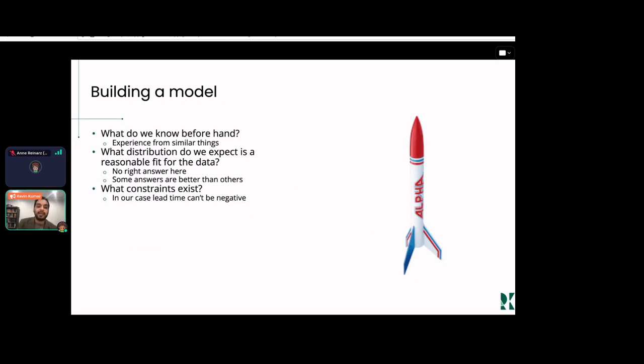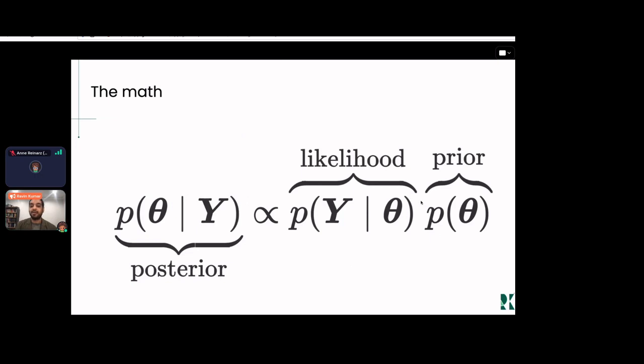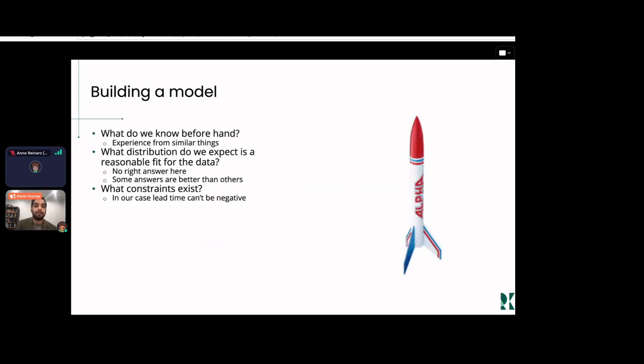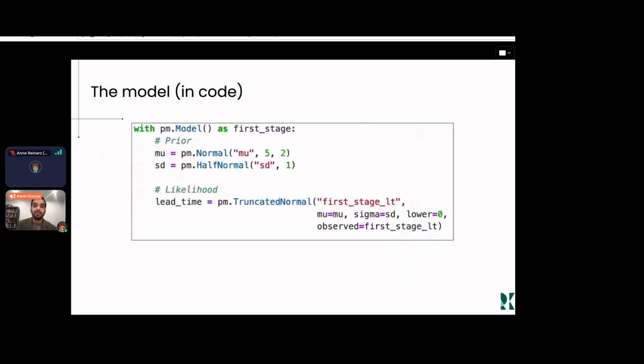It isn't just plugging in point probabilities, but much more of a workflow, which is taking things from what we know beforehand, which is the prior. What distribution do we expect to reasonably fit the data, which would be the likelihood, and then any constraints. So you could do constrained likelihoods and things like that. There was a way to not just plug point numbers in, like 0.6, 0.7, whatever, but think more holistically and represent that in mathematics.